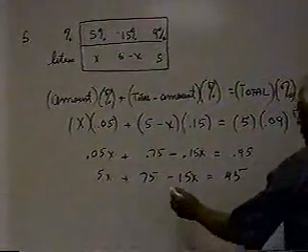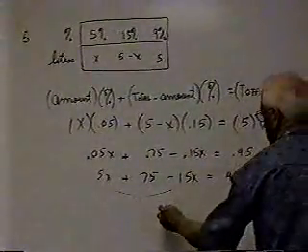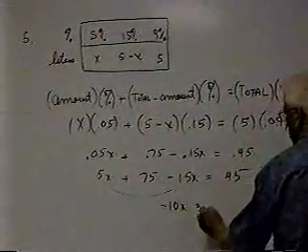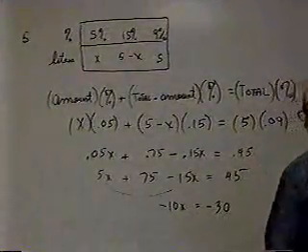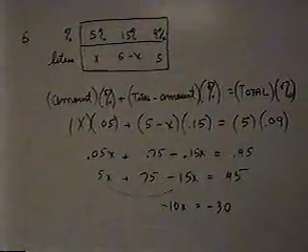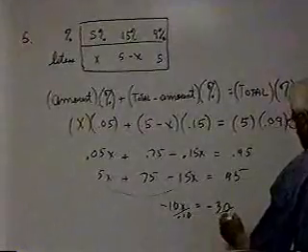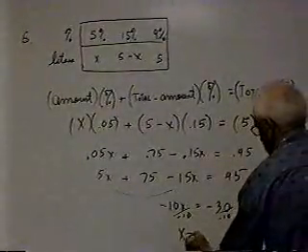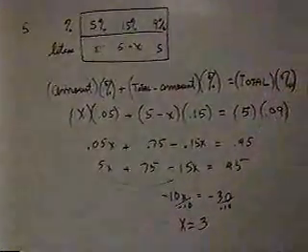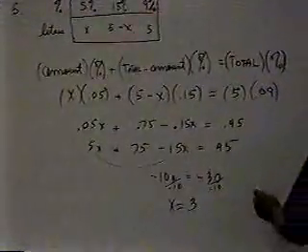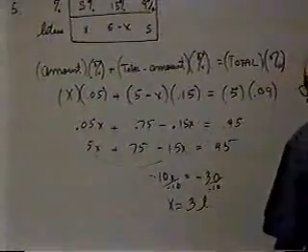And now we're dealing with minus 10x, and moving this across will be a minus 30. Dividing both sides by minus 10, we end up with x being 3. Okay, 3 what? Don't forget, stated problem, it's 3 liters.